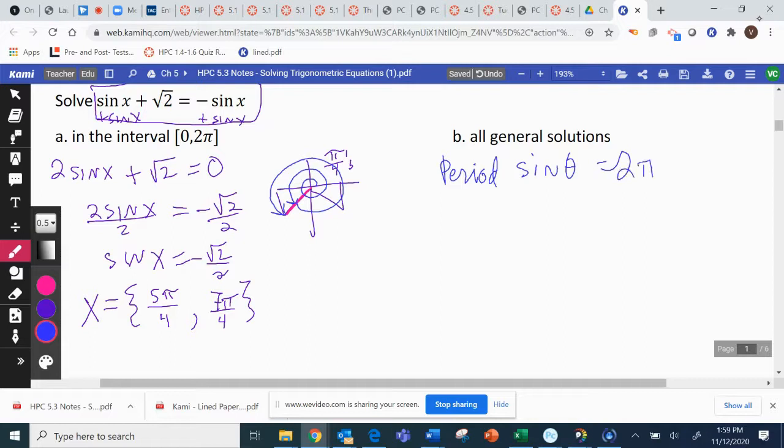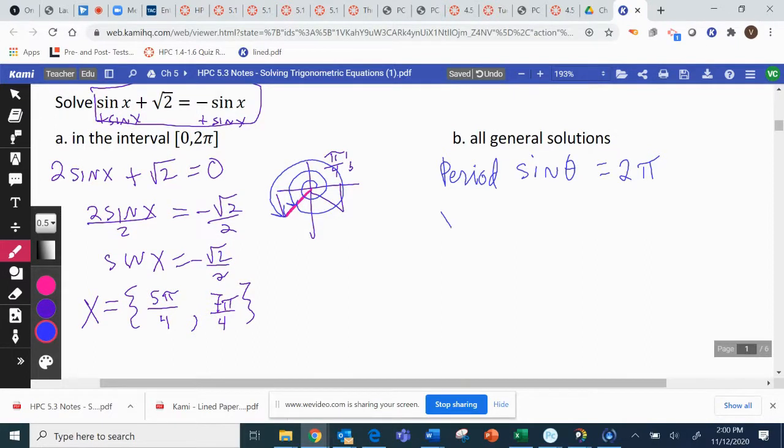Right. Every 2 pi that I go around, I get another terminal side that would end at 5 pi over 4. So when we talk about the general solutions, we're going to have one general solution at x equals 5 pi over 4 plus 2 pi n, where n is an integer.